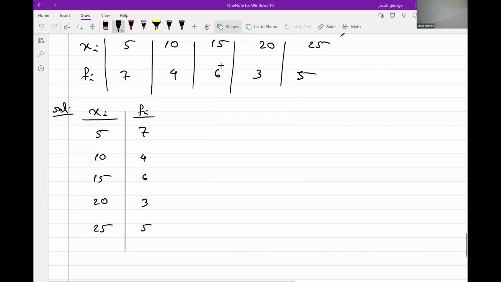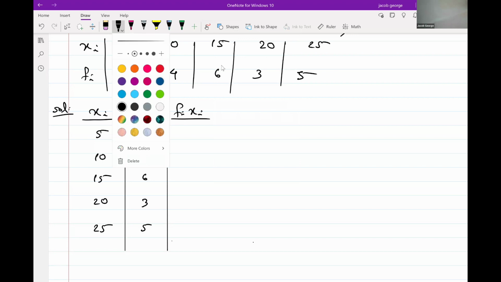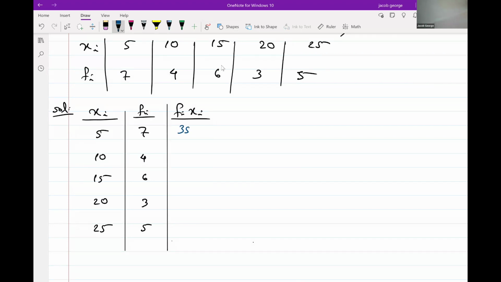Then you will multiply Fi into Xi. So this comes like this: 5 into 7, 35; 10 into 4, 40; 15 into 6, 90; 20 into 3, 60; then 25 into 5, 125.